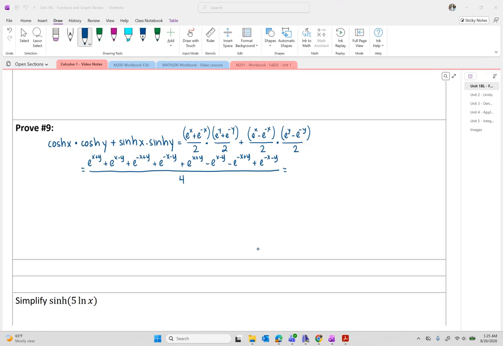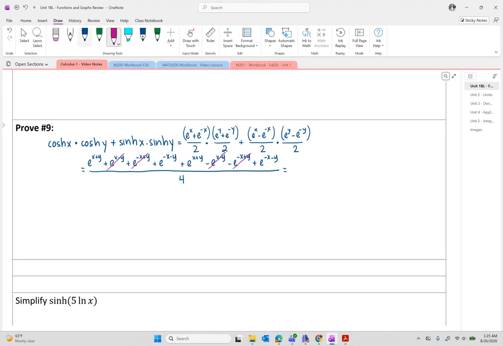When I distribute here, I see that I have plus e to the x minus y with minus e to the x minus y, and plus e to the y minus x minus e to the y minus x. And for the other expressions, I can add them because they have the same signs.